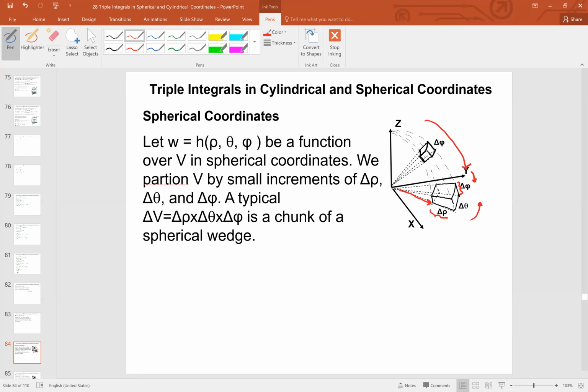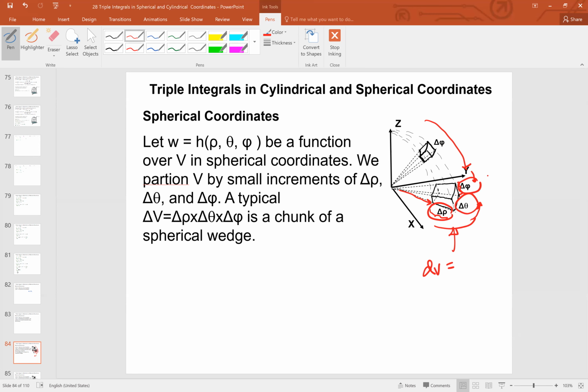When I do that, a little chunk of solid is created, and the question is, what is this volume?